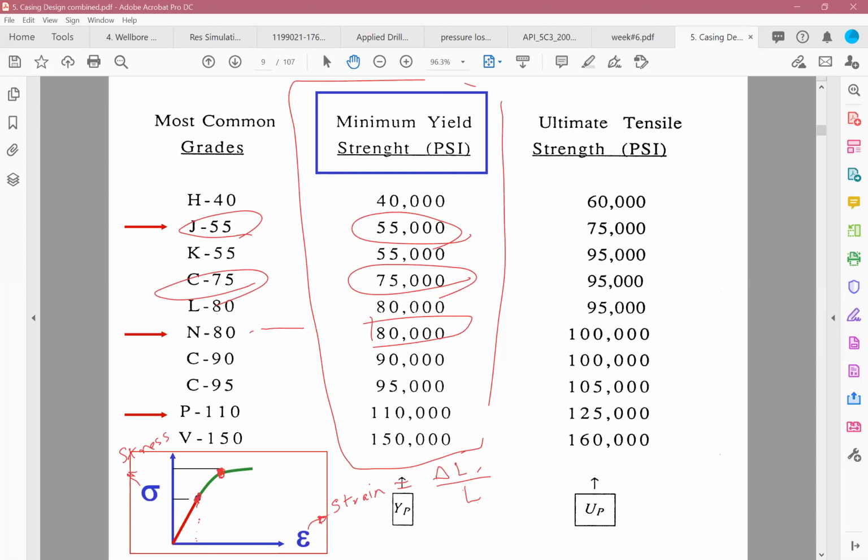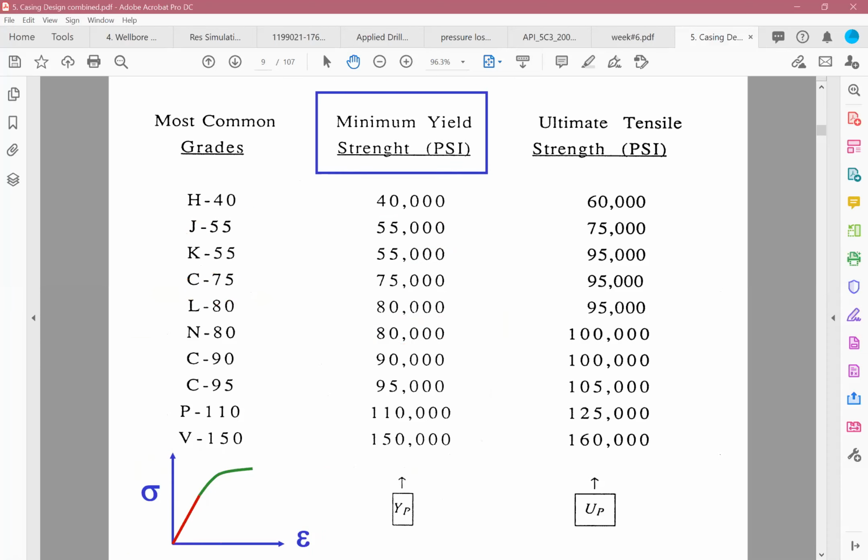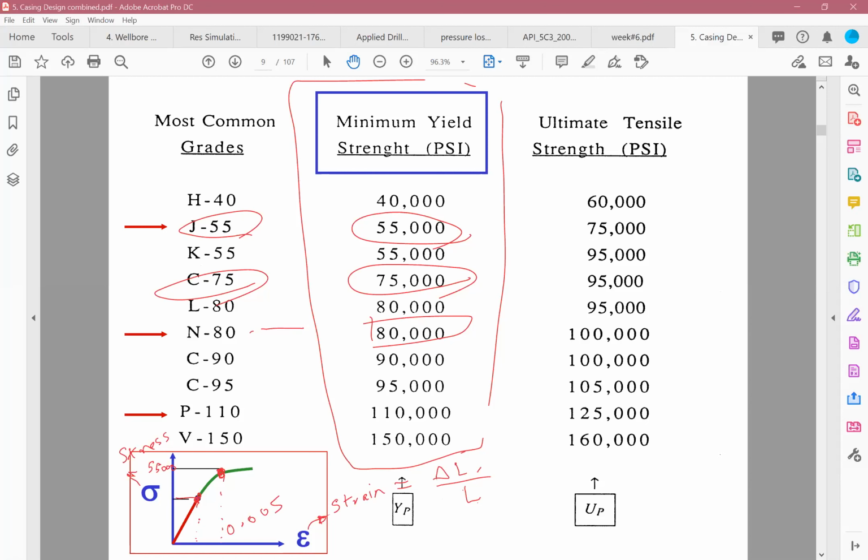So you apply 55,000 PSI, and that casing will have a relative length change, which means a strain of 0.005. So that 0.005 that I was referring to is actually strain, right? So how much change in length per the original length of the casing.